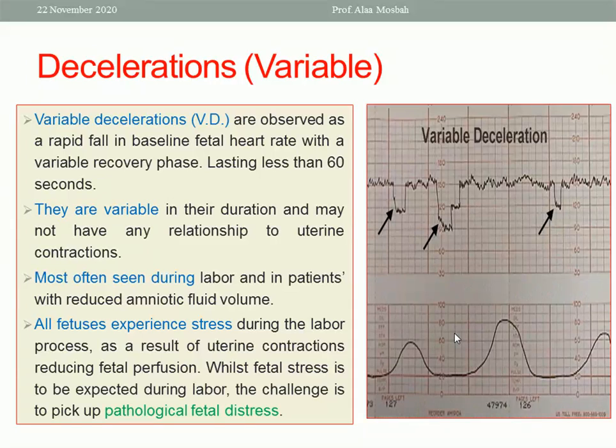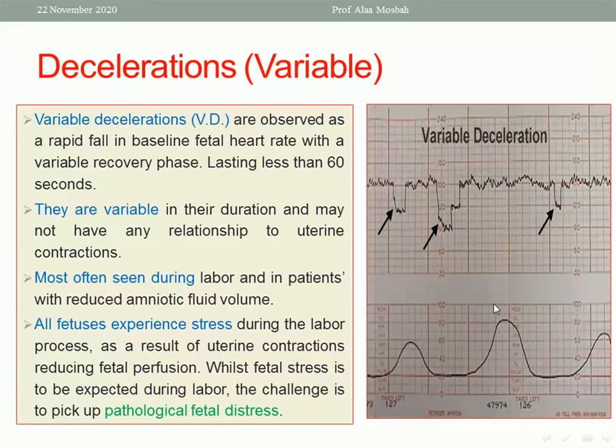What about variable deceleration? As in this picture, this arrow looks to the variable deceleration. Okay.